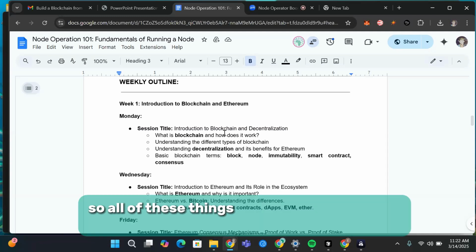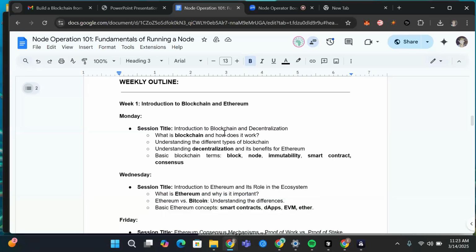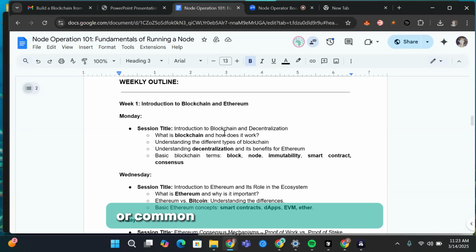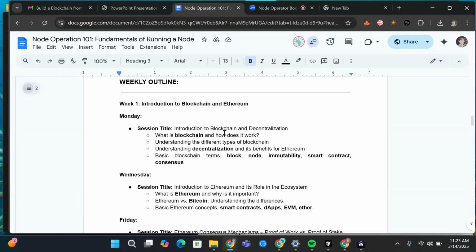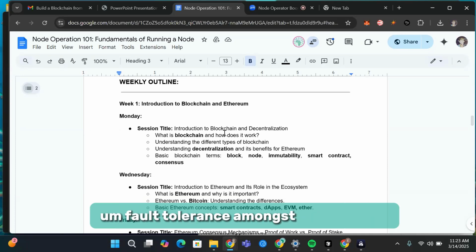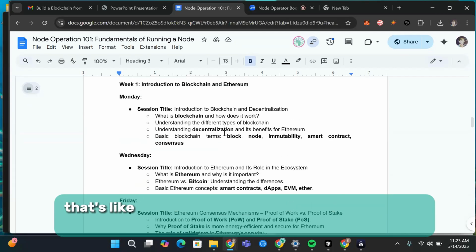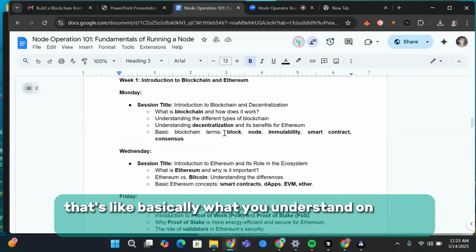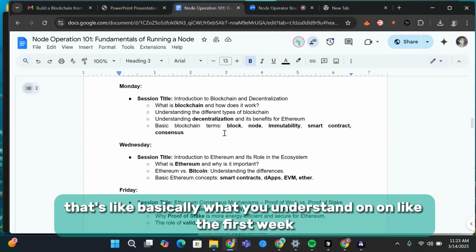So all of these are things that you will understand alongside basic or common terminologies like blocks, node, immutability, smart contracts, Byzantine fault tolerance, amongst others. So that's basically what you learn in the first week.